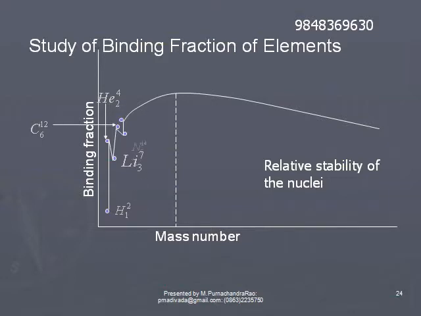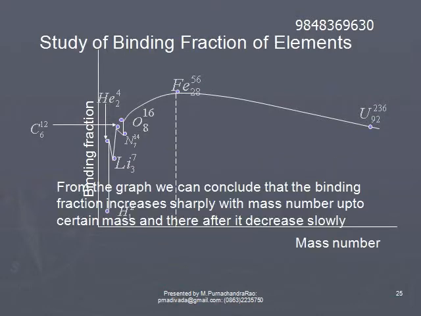When we draw a curve for all the natural elements, we get a curve of the shape shown in the figure. Notice the graph. It starts with 1H2, an isotope of hydrogen, and helium, lithium, carbon, nitrogen, oxygen, iron, uranium are placed at their relative positions.